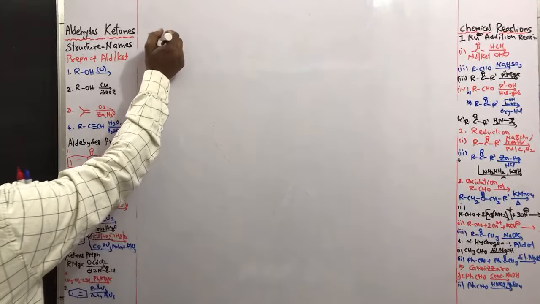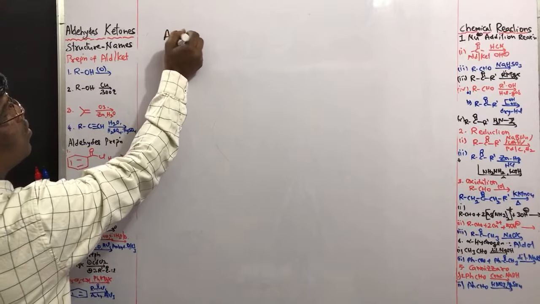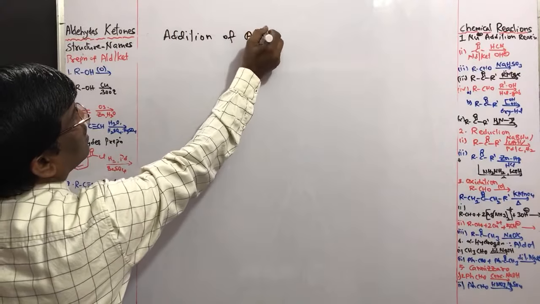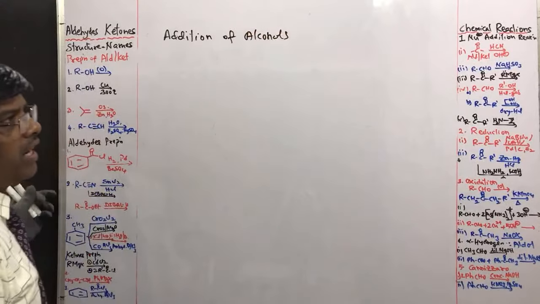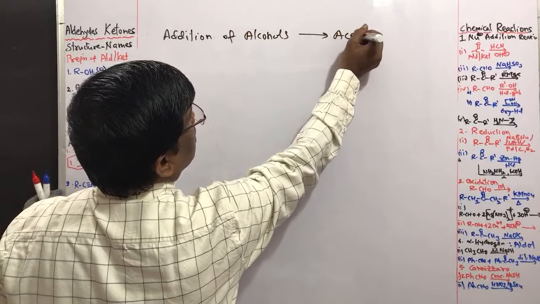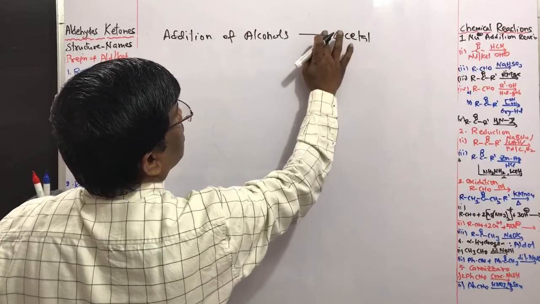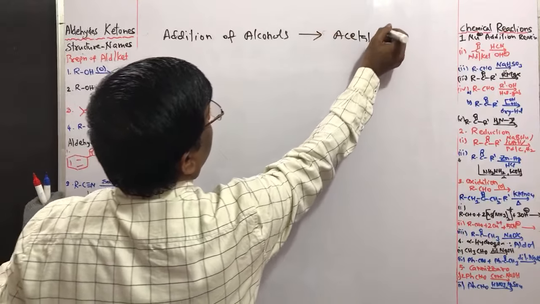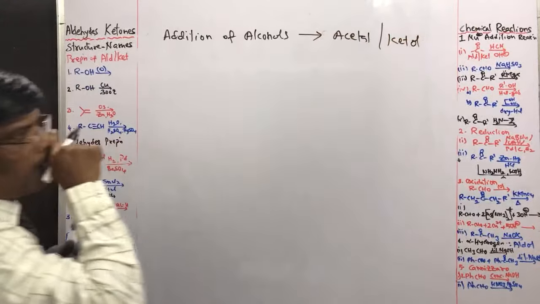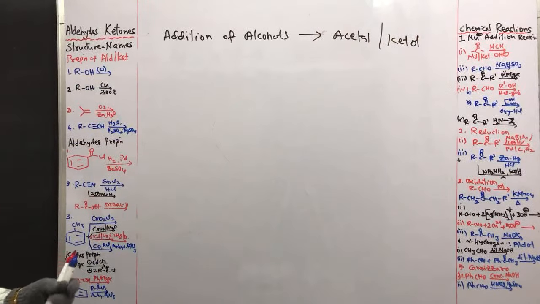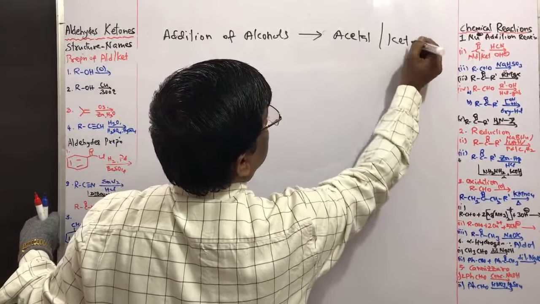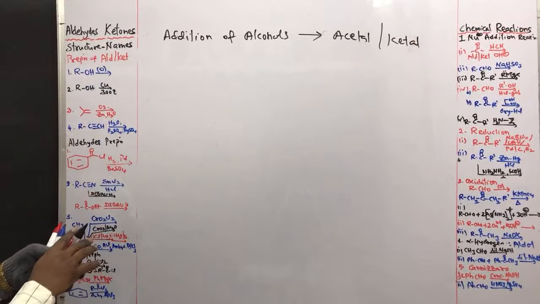Yes students, addition of alcohols to aldehydes and ketones. On addition of alcohols, we are going to get an acetal or ketal. Let us take one by one.